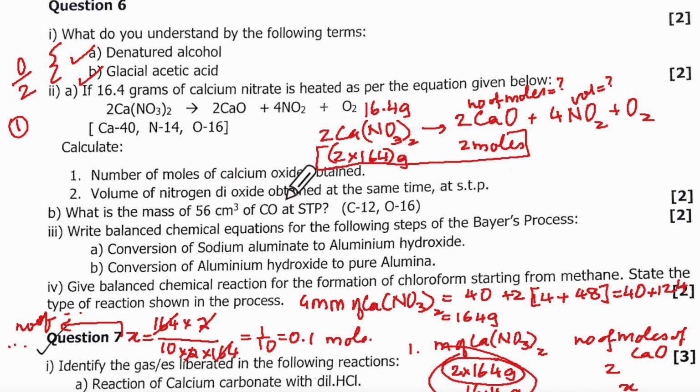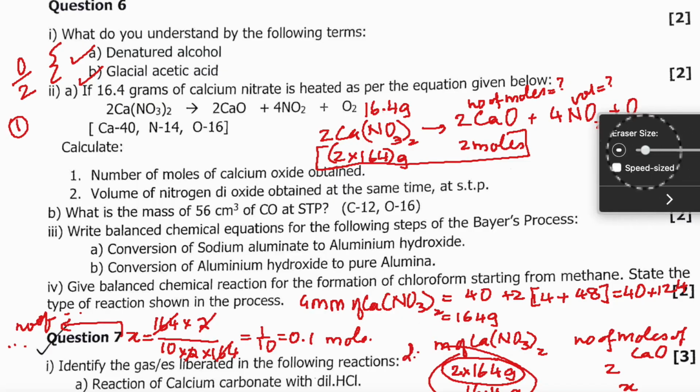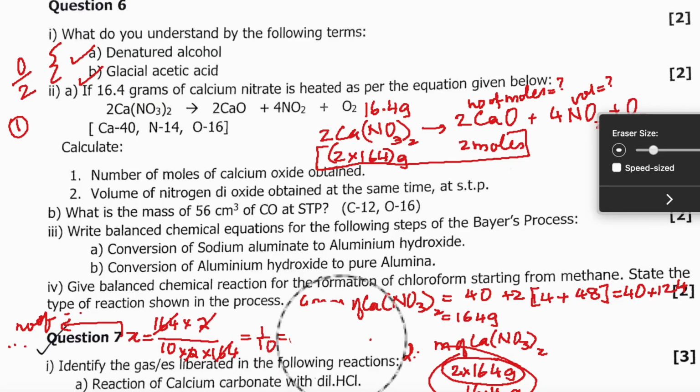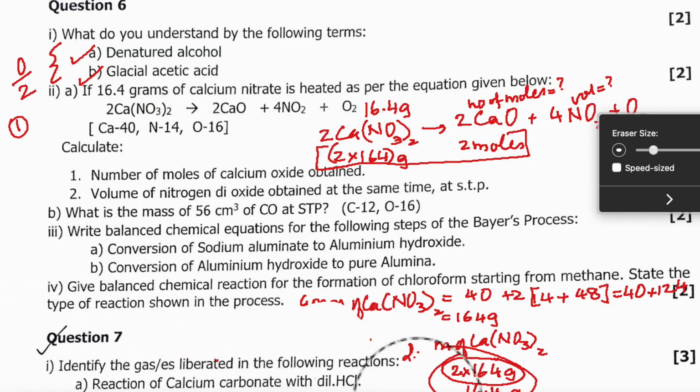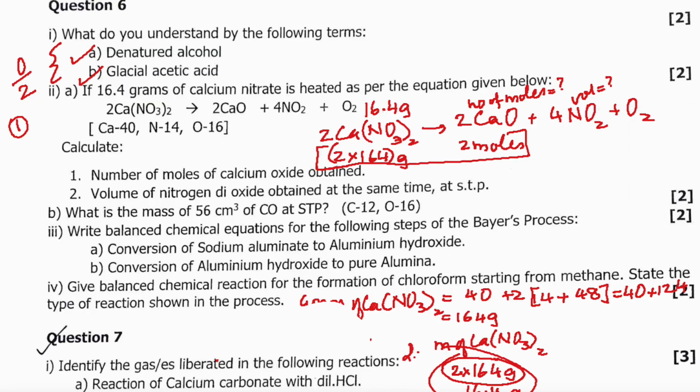Now volume of nitrogen dioxide obtained at the same time. Now for the second part, I am going to just erase this because I don't have space. This part I'm going to erase. And I'm going to do the calculations here, this side. Okay, so everything else remains the same.